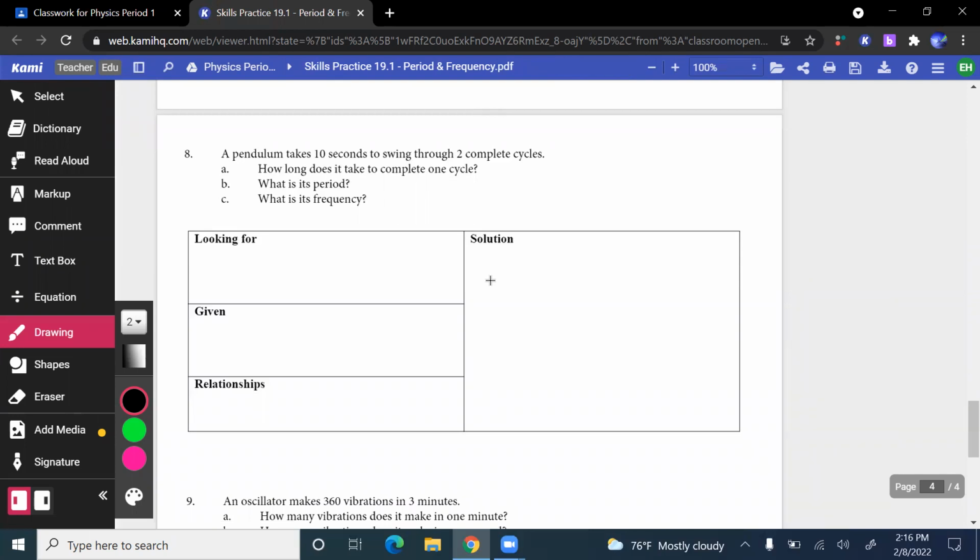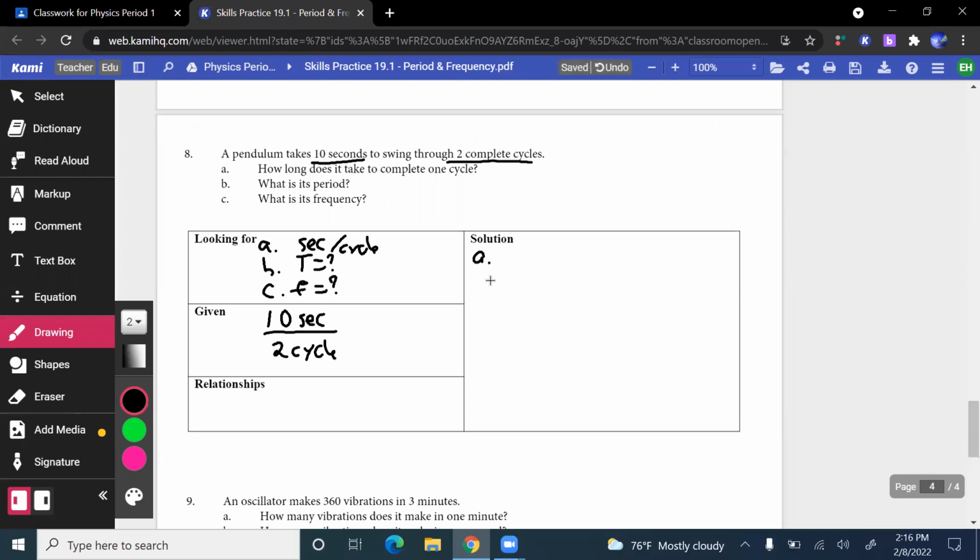Number 8, it takes a pendulum 10 seconds to go through 2 cycles. We want to know A, the number of seconds for one cycle. B, we want to know the period. C, we want to know the frequency. Well, part A we can do right now without a formula.